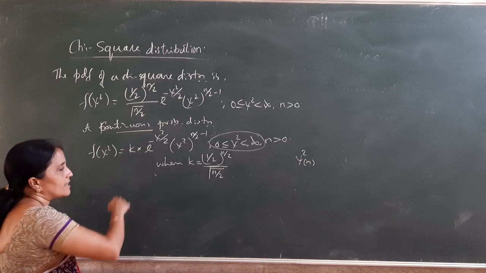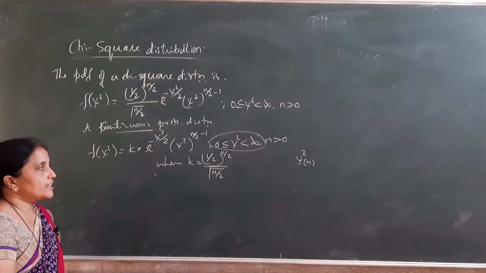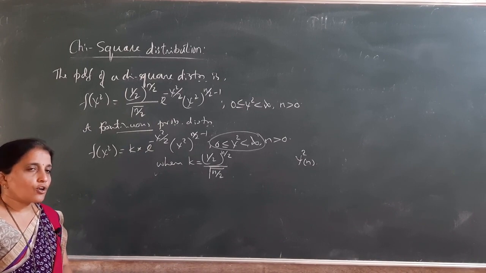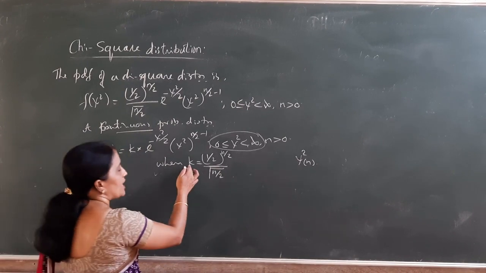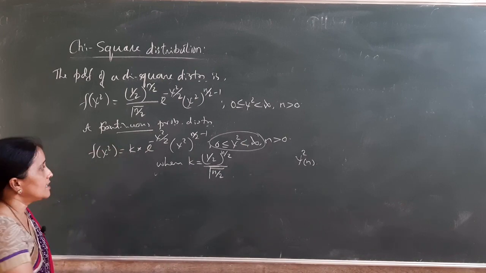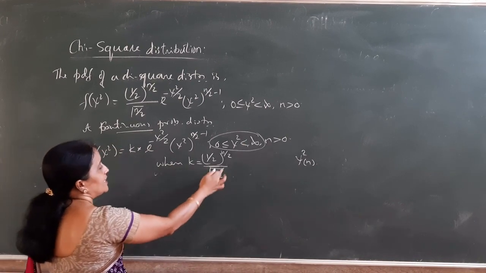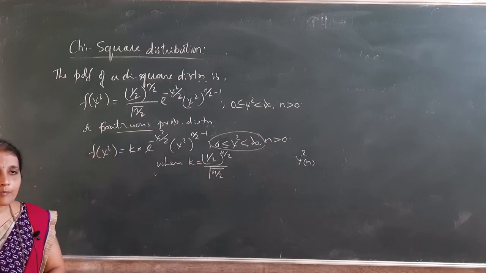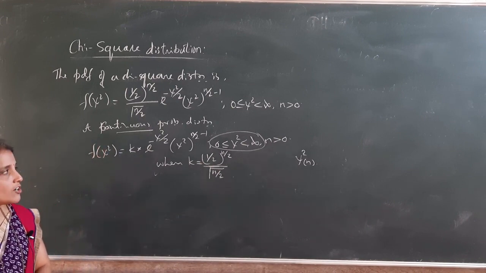Here k is a positive constant depending on n. That is, as n goes on changing, the value of k is also changing. So the factor k depends on n.